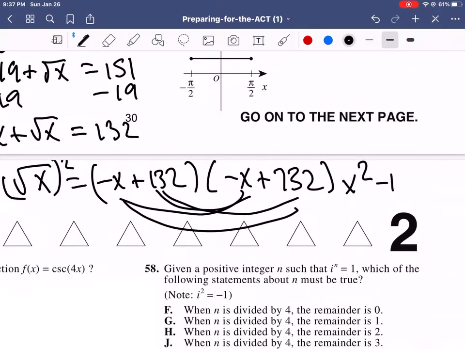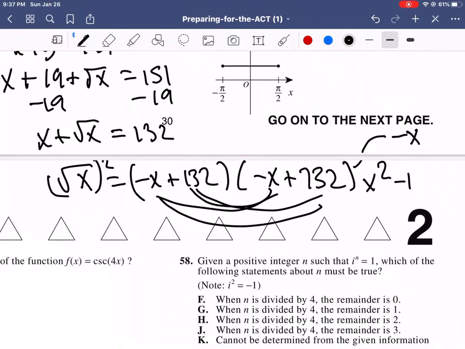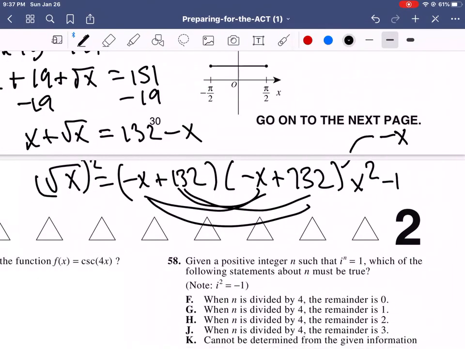Oh, wait, you forgot to put the minus x. Don't forget to put the minus x in there, because you subtracted x from here. Yeah, remember? So that becomes x squared minus 132x minus 132x plus, what's 132 squared?